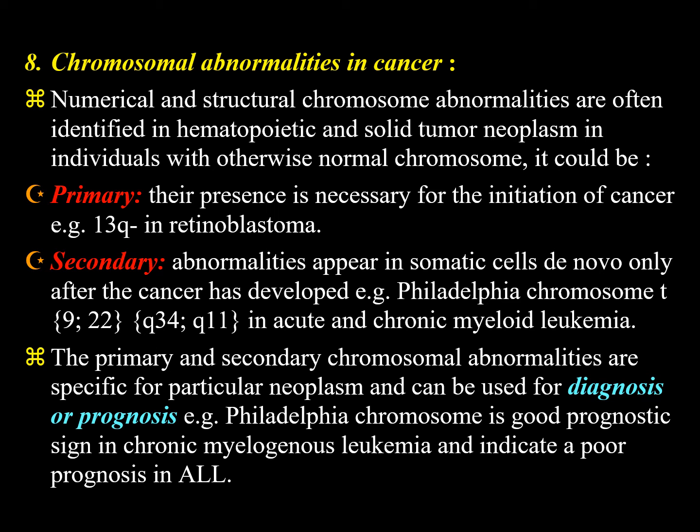The primary and secondary chromosomal abnormalities are specific for particular neoplasms and can be used for diagnosis or prognosis. The Philadelphia chromosome is a good prognostic sign in chronic myelogenous leukemia and indicates a poor prognosis in acute lymphoblastic leukemia.